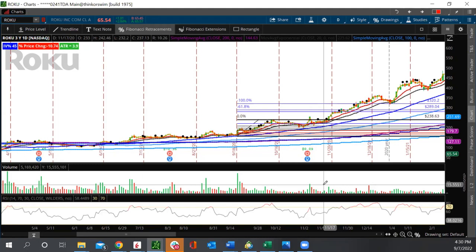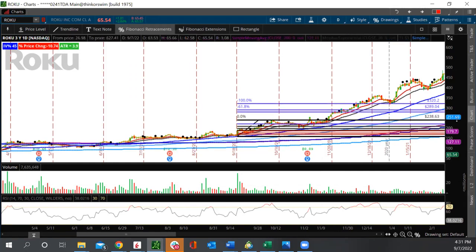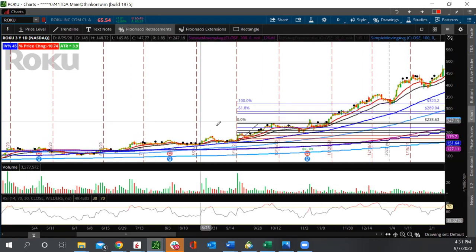It doesn't matter whether you're going long or short. Think of the level as a zone: it's between the 38.2, the 50, and the 61.8. That's all one zone. What I was saying was the stops are at the 78.6 level. Now I'll show you this, let me zoom in here.